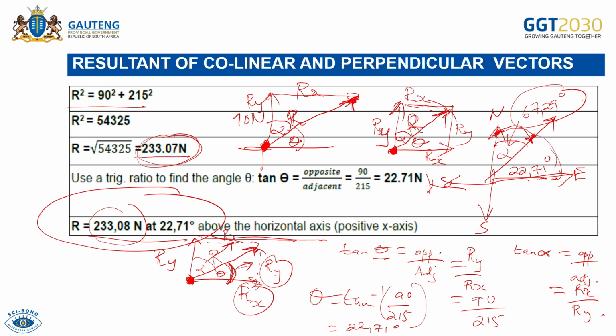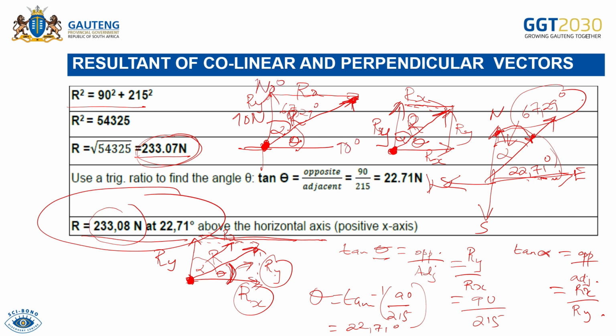Your south will be 180 degrees, and then your west is going to be 270 degrees. Then the full cycle will be 360 degrees, right? So for example, here we got 67.29. From north, which is 0 degrees, here is 90.